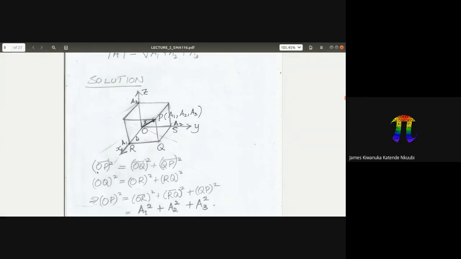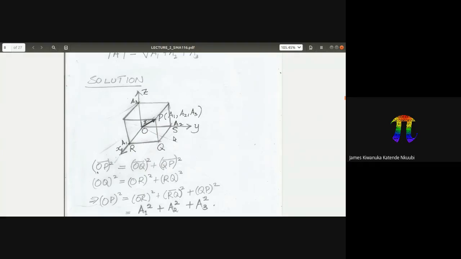A1 simply means you have to move the distance A1 in the X direction. You move a distance A2 in the Y direction, and a distance A3 in the Z direction. That's how we get these coordinates for this point.